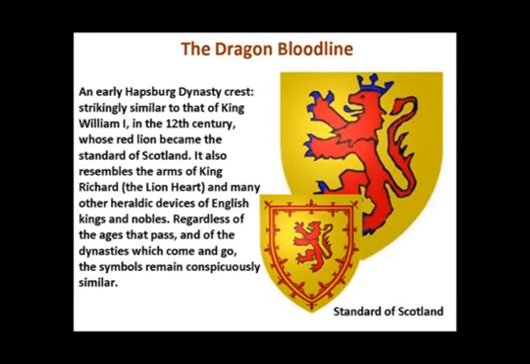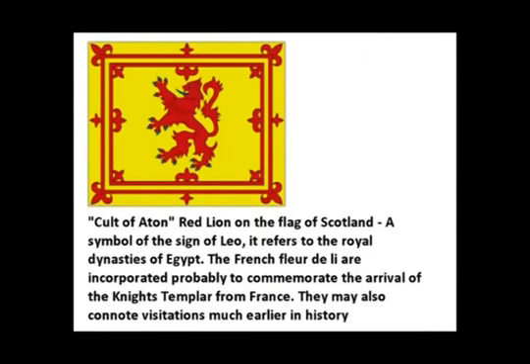Now, regardless of the ages that pass and of the dynasties which come and go, the symbols remain conspicuously similar. Here we have the cult of Aton red lion on the flag of Scotland. A symbol of the sign of Leo, it refers to the royal dynasties of Egypt. The fleurs-de-lis are incorporated probably to commemorate the arrival of the Knights Templar from France. They may also connote visitations much earlier in history.